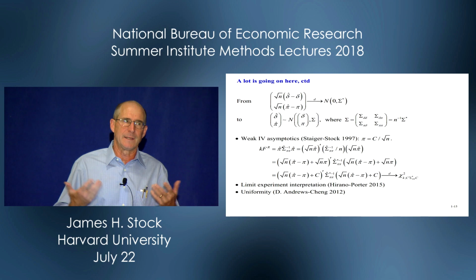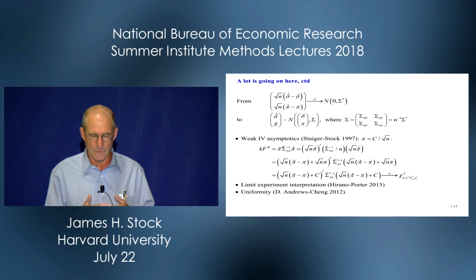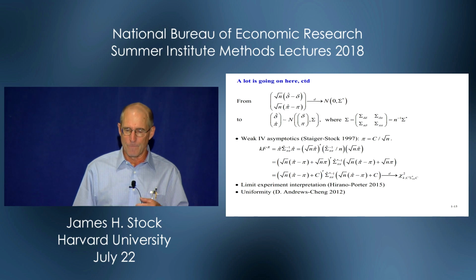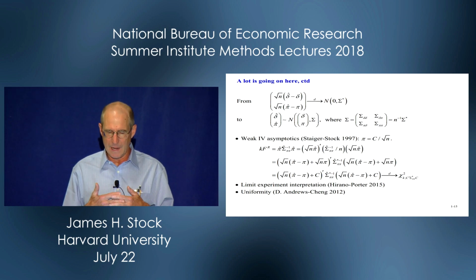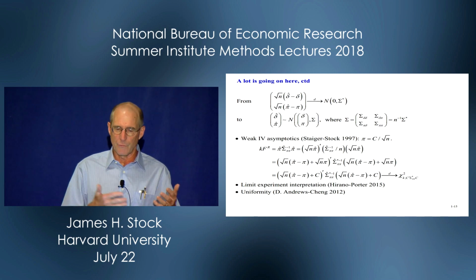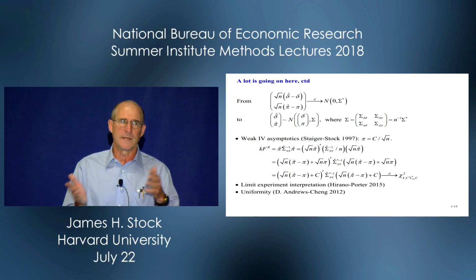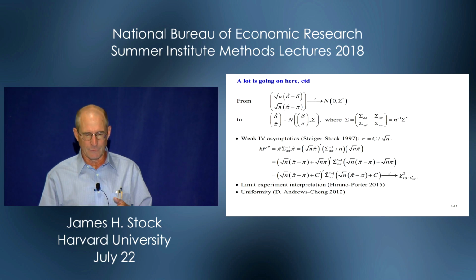That's like the case when these first stage Fs would be in the not so big area. Hirano and Porter, 2015, and also in a 2012 paper, provide limit experiment interpretations of all of this. Then there's a question of uniformity, going from the unidentified all the way to the well-identified case, and Andrews and Cheng go through that.